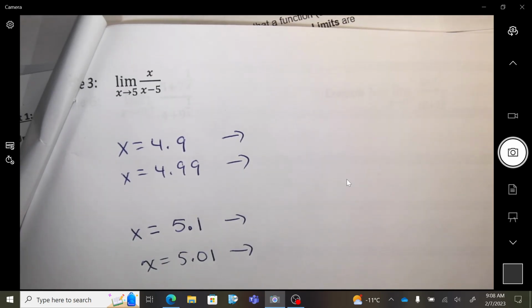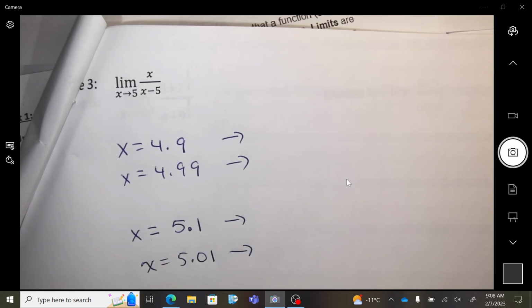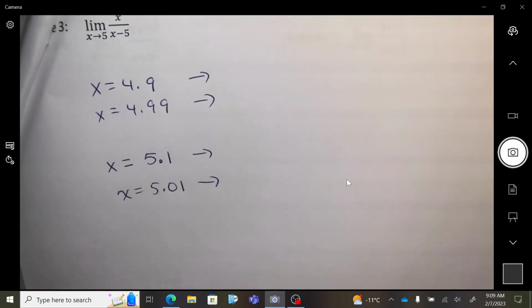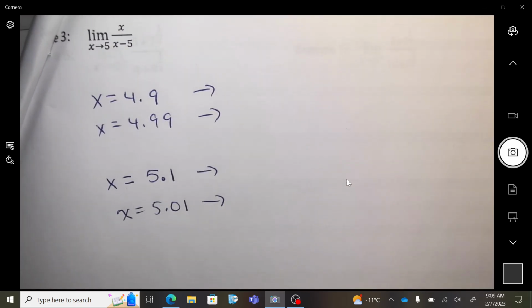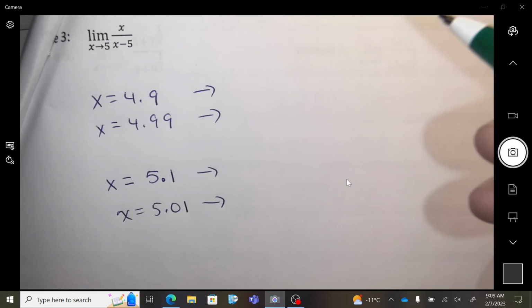Okay, let's break this all down, same as yesterday. So Maddie's row, I need you to plug in the 4.9, John's row 4.99, Xander's 5.1, and Valley's 5.01. See if we can get some results as you plug those numbers in. Shayna, do you have an output for 4.9?